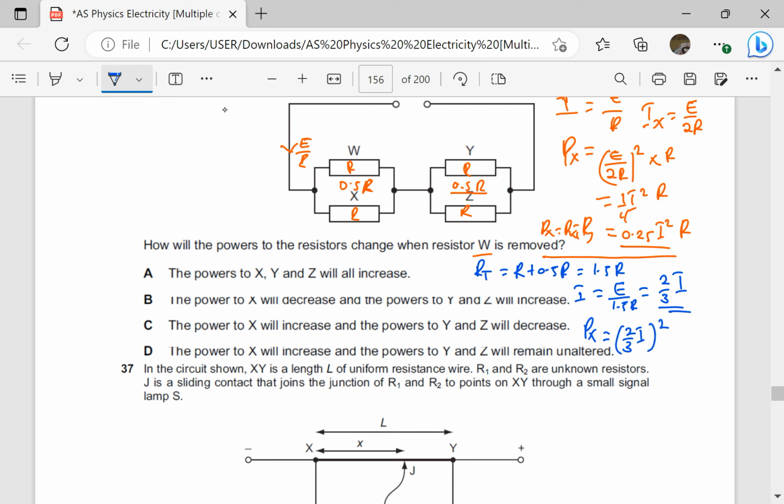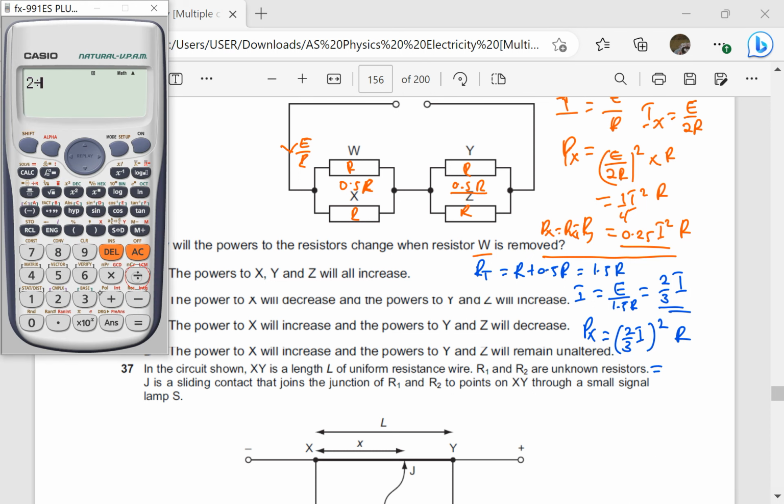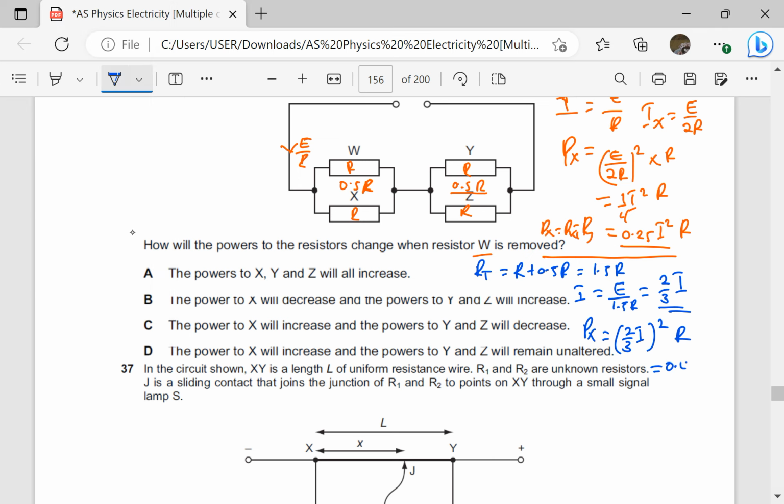Remember, because there is no W, the current does not divide through X. It all goes through X. It only divides when it is entering Y. So it will be 2 over 3 I, but squared, then times the resistance of X, which is R. And 2 divided by 3, but squared, gives you 0.44 recurring. So this is 0.44 times I squared times R. So that is going to be the new power across X. You see that the power has changed from 0.25 to 0.44. So the power in X increases.